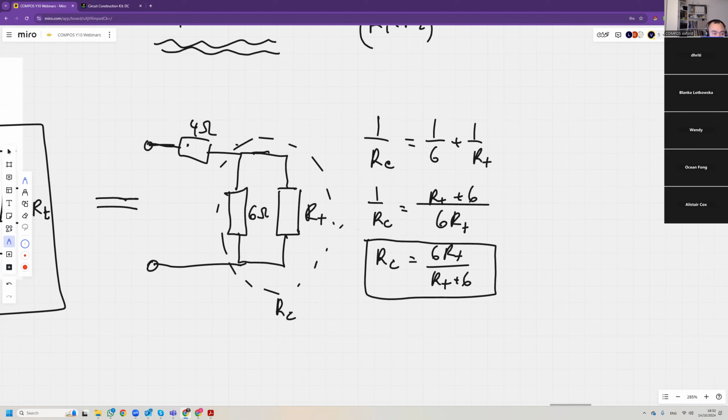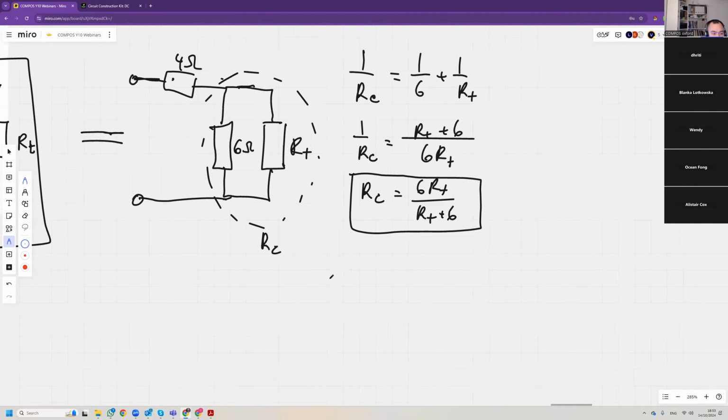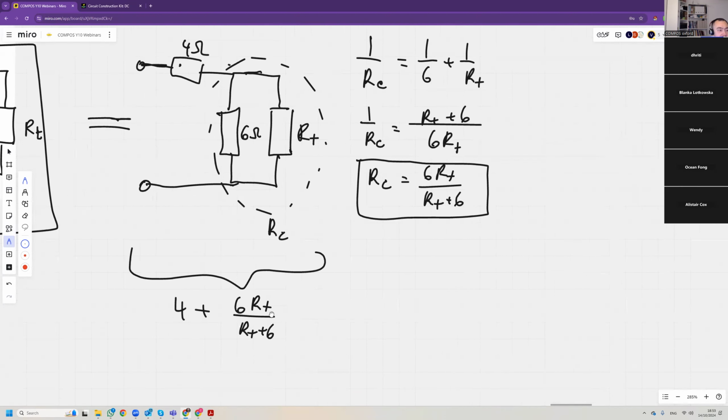That's the resistance of this, and plus 4. So the whole thing is 4 plus 6RT over RT plus 6.